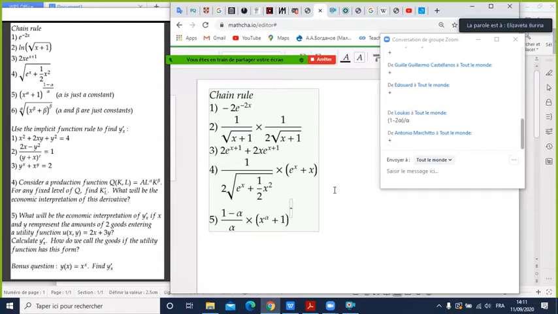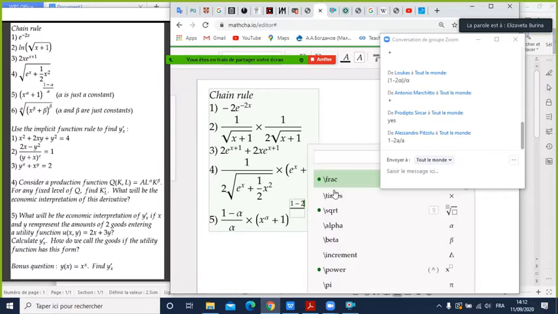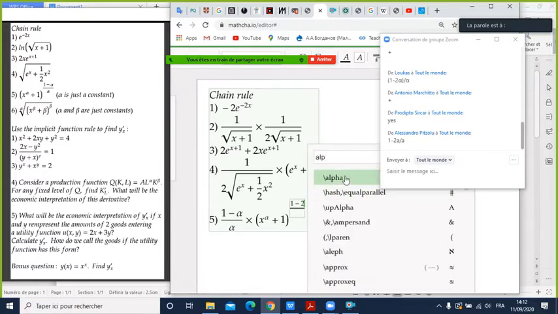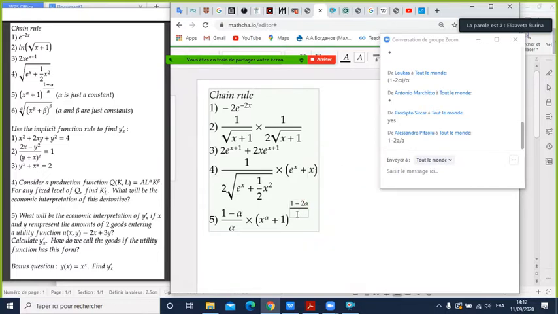Yes, so we just do 1 minus alpha over alpha, and then we have to subtract 1, which is just alpha over alpha, and that's what we get. So 1 minus 2 alpha over alpha.